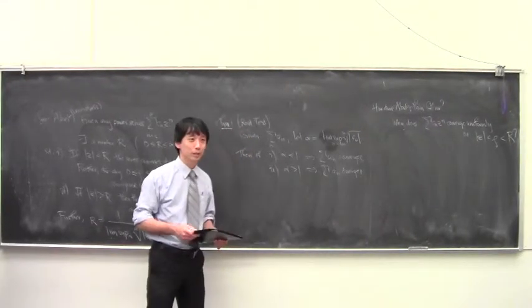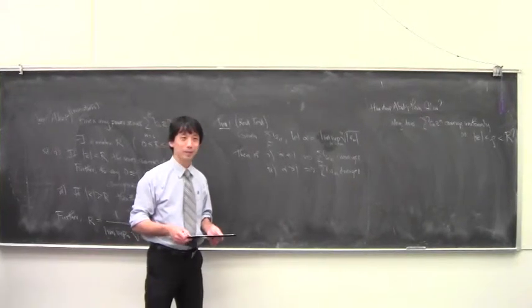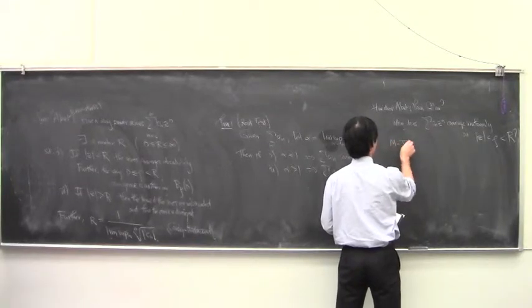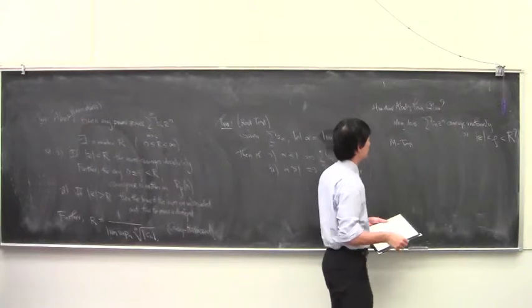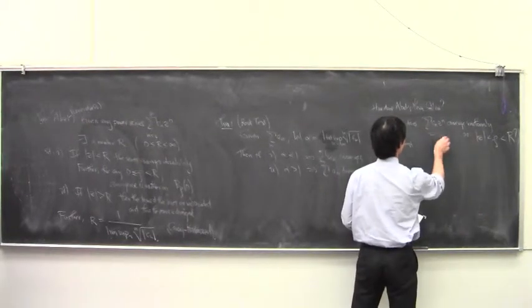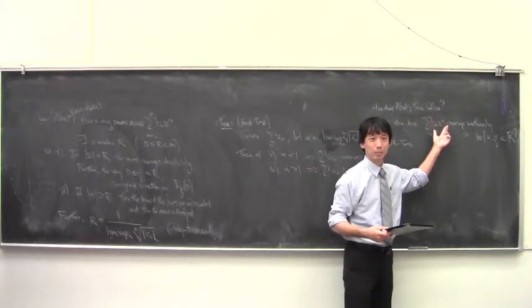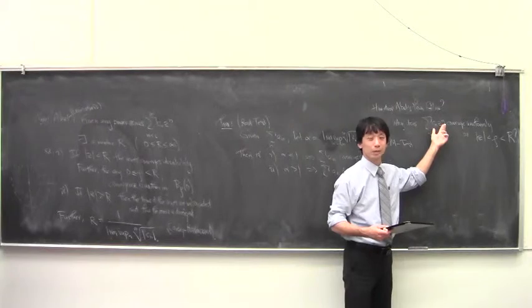Well, we have only one trick to prove uniform convergence. What is it? The M test, right? So you know you're going to use the M test. What you want to do is find some bounds so that the sum of those bounds converges.